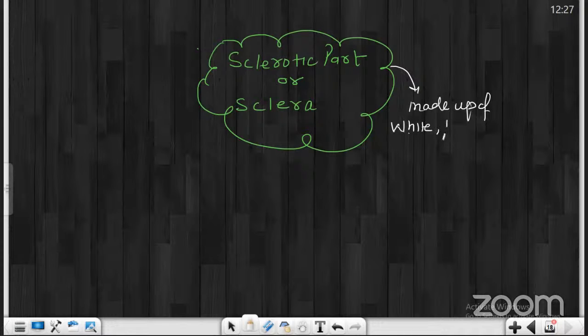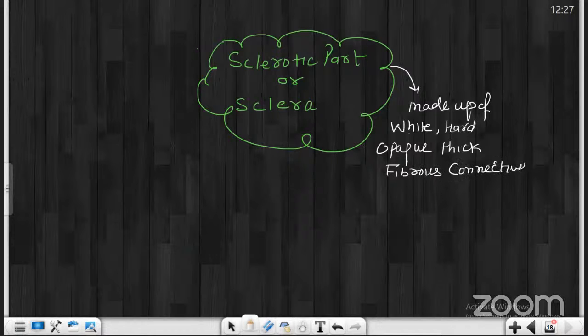In the case of human, it is made up of connective tissue, which is opaque and thick.